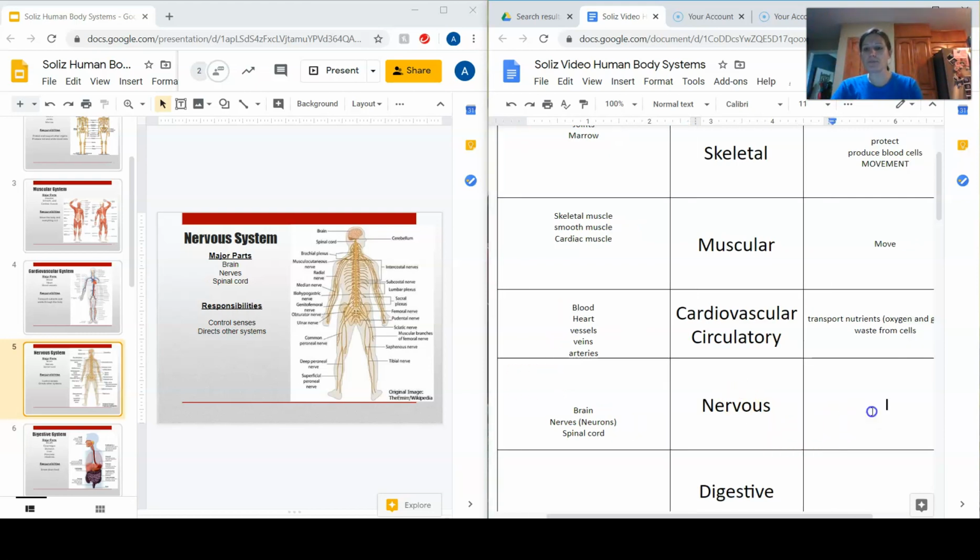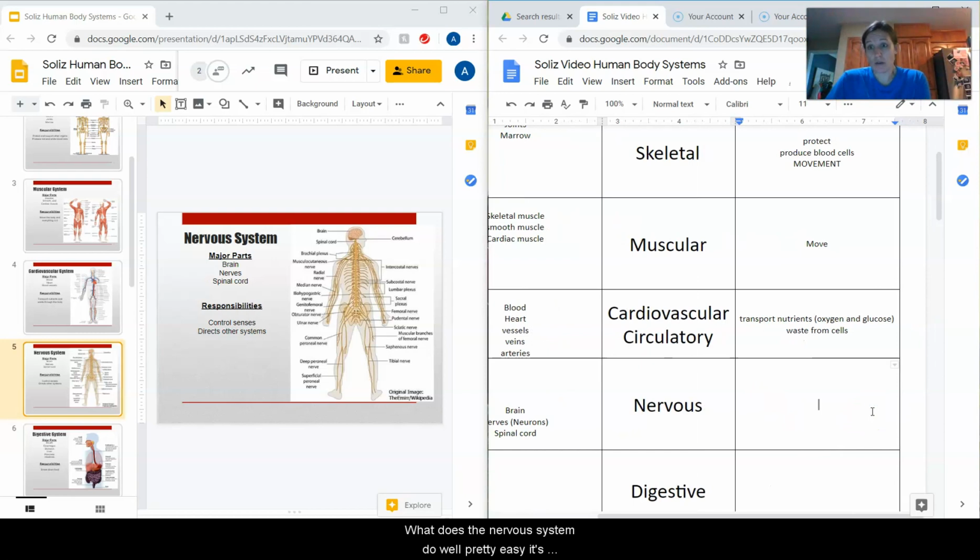And so what does the nervous system do? Well, pretty easy. It's controlling everything in your body. It's going to control all your senses, like sense of smell, how you feel, hearing. And it pretty much directs other systems in your body.